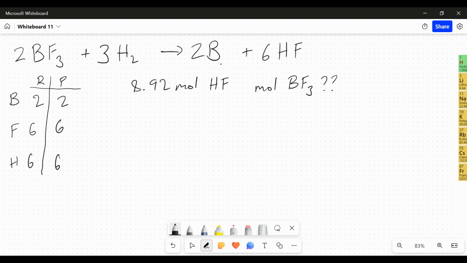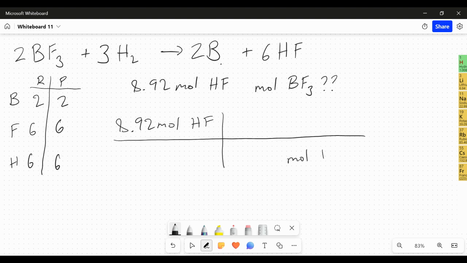So let's set up our chart. 8.92 moles HF, copy our unit from the top left to the bottom right. And let's put the unit that we want. We want moles BF3.